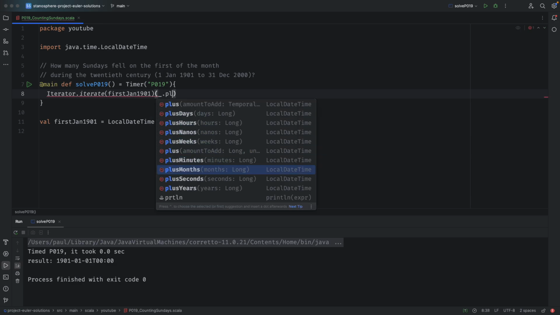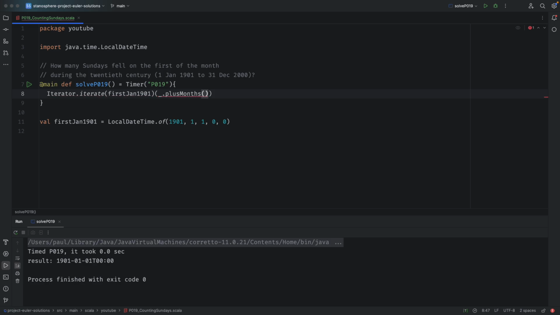There's a plus months. Okay, cool. Because I thought I was going to have to use temporal periods or something, but that must be the Joda datetime library, which is what I use at work. Anyway, so that will get us an iterator of every first day of every month forever.